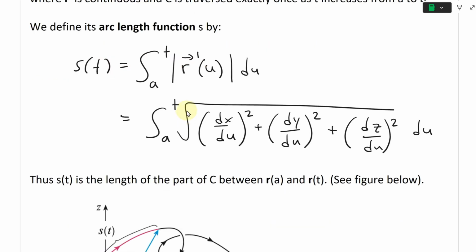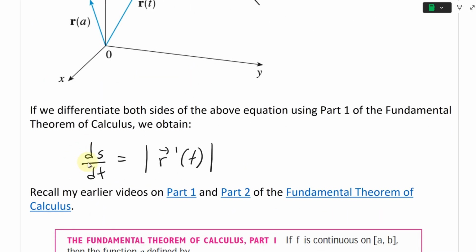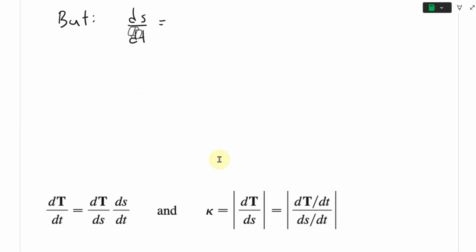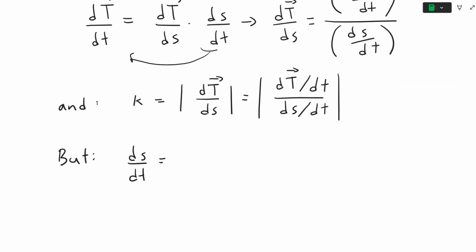In other words, ds over dt equals the magnitude of the derivative of the vector function, the magnitude of r prime of t. So we'll write that down, and now we can get rid of the s completely. So ds over dt equals the magnitude of r prime of t.